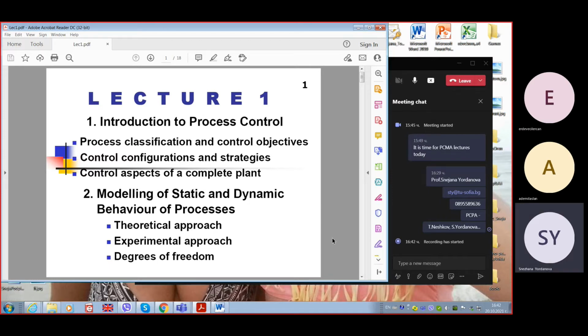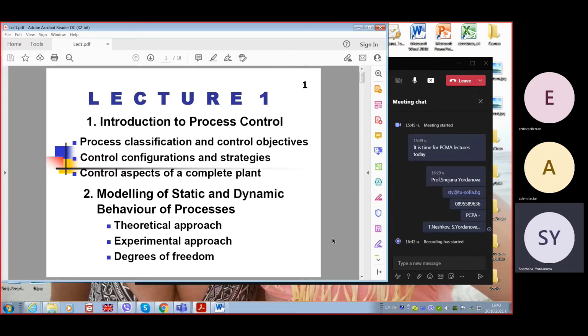We have reduced semester 13 weeks. So several times we'll use short break, one short break, and to compensate without additional time these missing weeks to advance with the lectures.